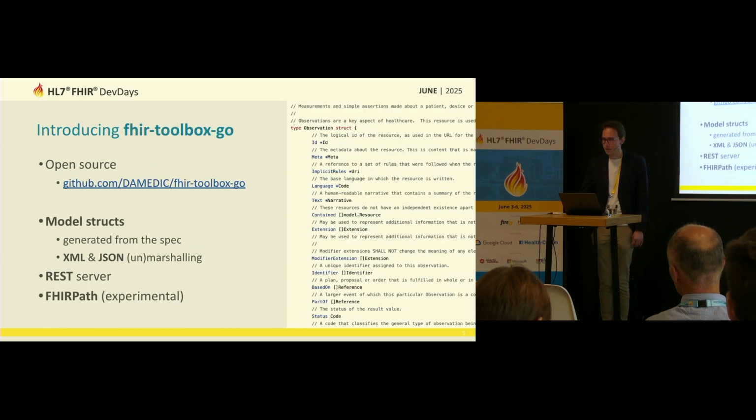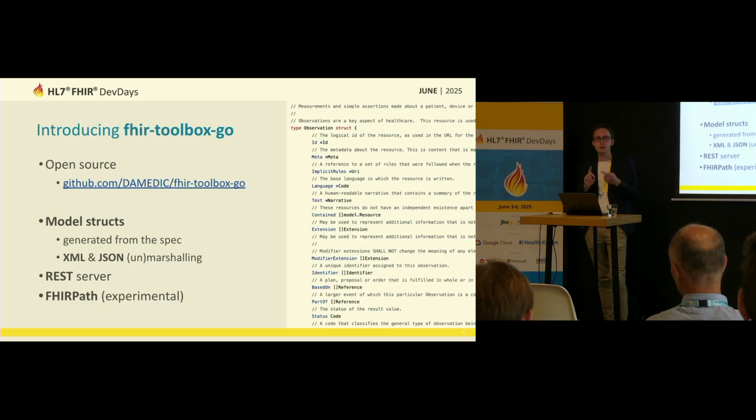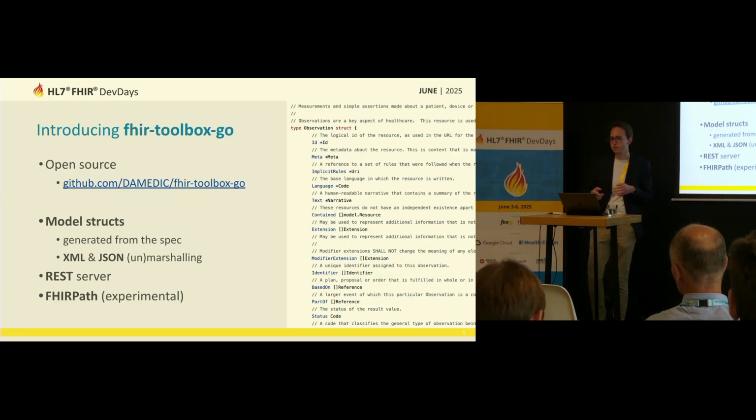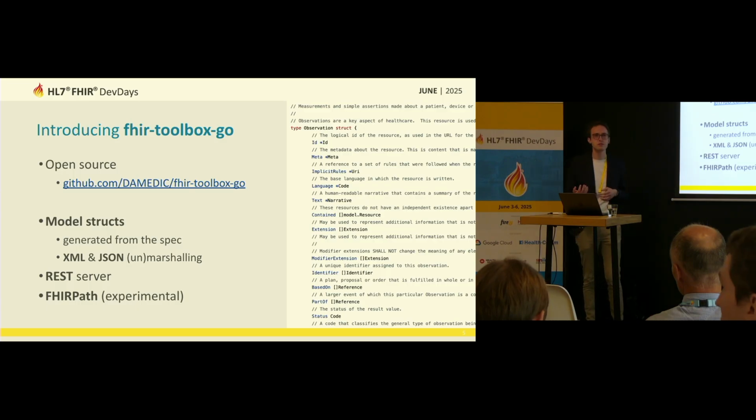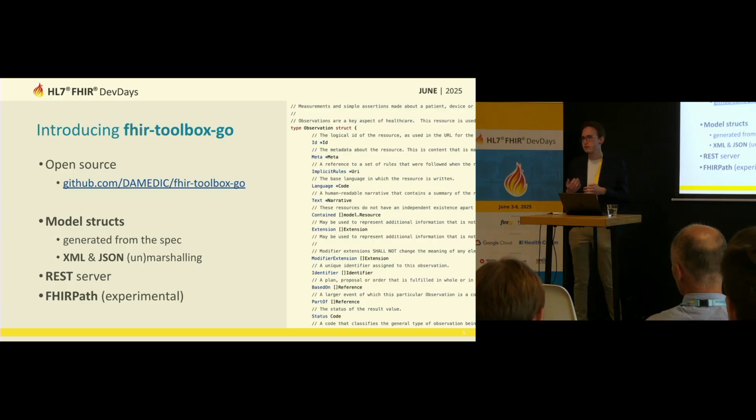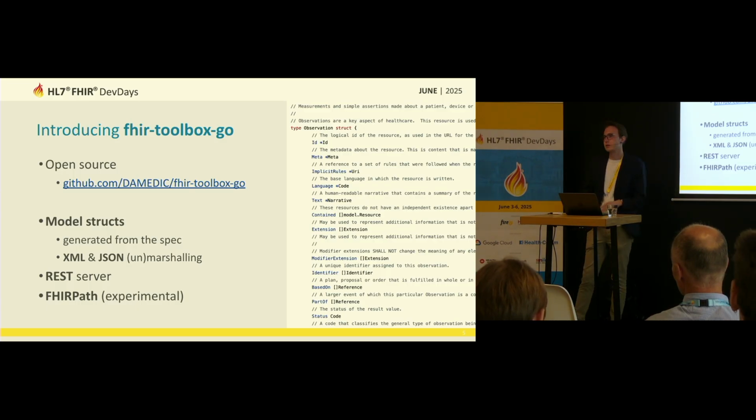Yeah, I looked at the Google protobuf libraries. Like I said, only R4. They only have JSON support, no XML. And last time I checked, they don't accept external contributions. And for the FHIR-Path implementation, for example, I needed the flexibility to add my own methods and stuff like that. That's why I decided on building our own thing. I can look into it. Right now, we don't have the need for protobuf.